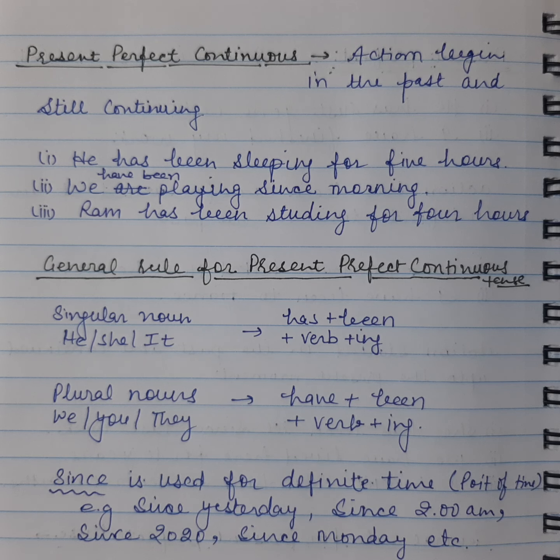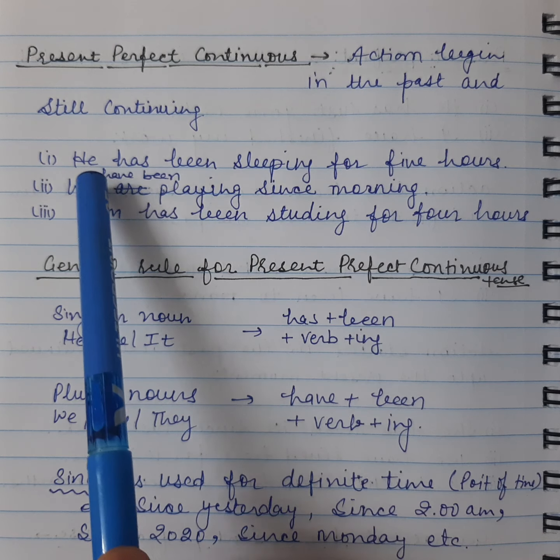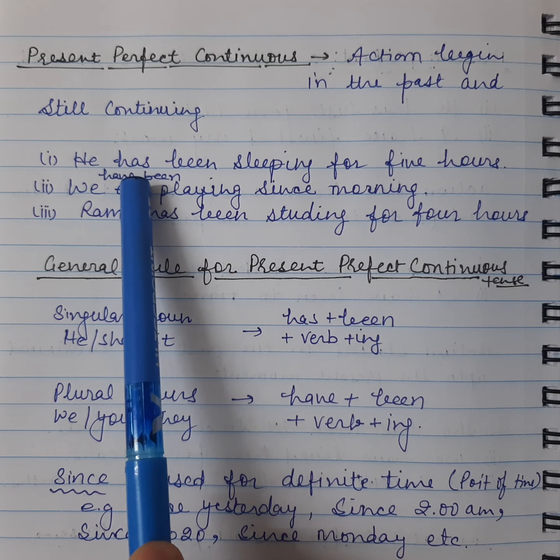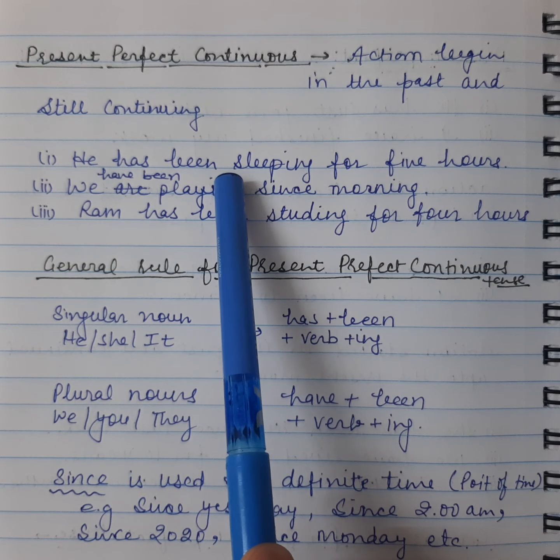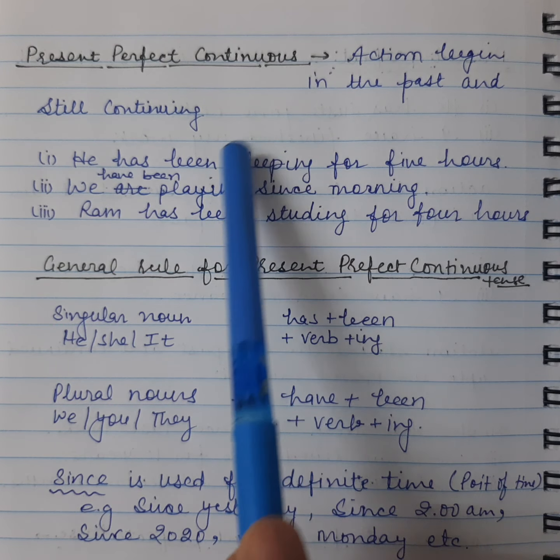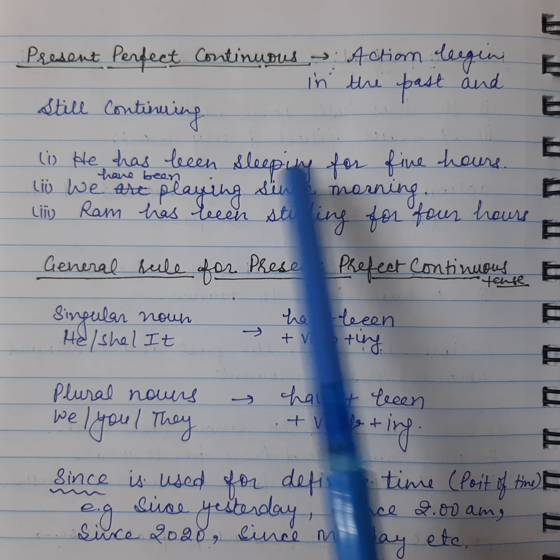With a singular noun and he, she and it, we use has plus been plus the verb, and we add ing to the base form of the verb. For example, he has been sleeping. With he, we have used has, then been, and then we add ing to the first form of the verb sleep.